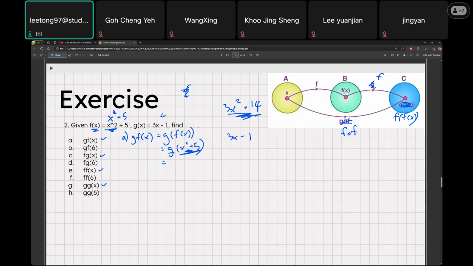And this will replace this x in your function g. So 3 multiplied by x squared plus 5, minus 1. Okay, this is correct. So we'll look at fgx.